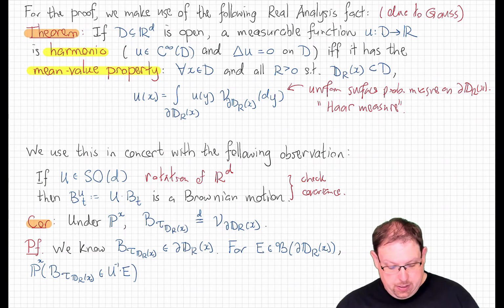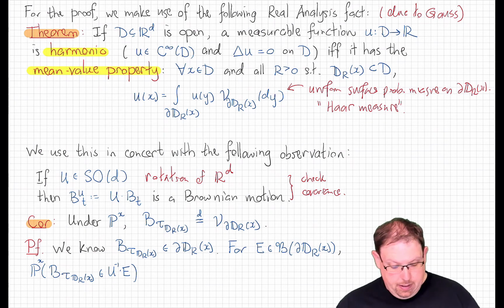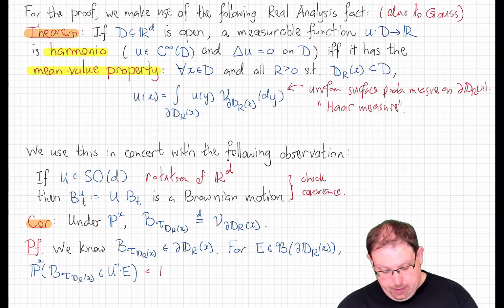Indeed, as we saw, this point is in the sphere, and if we take any Borel measurable subset of the sphere, then the probability that the Brownian motion at the exit time is in a rotation of that set by a fixed rotation matrix U, well, we can just multiply by U on both sides, since U is an isometry.